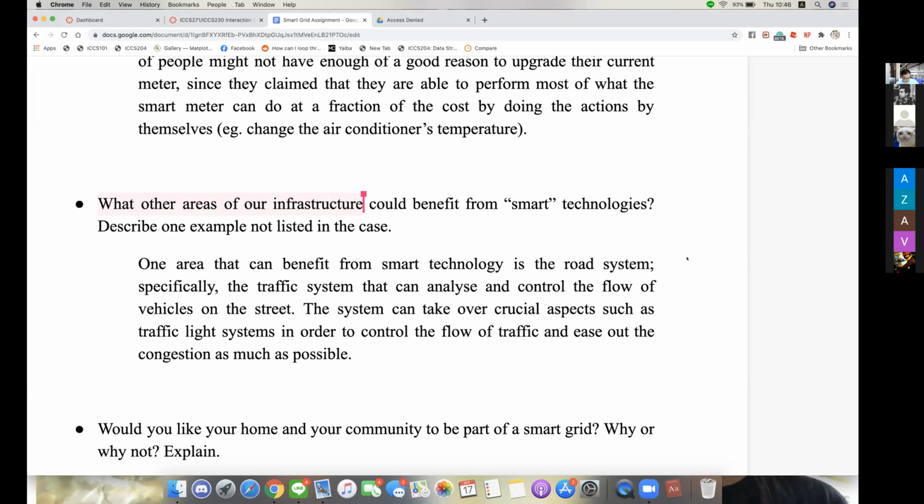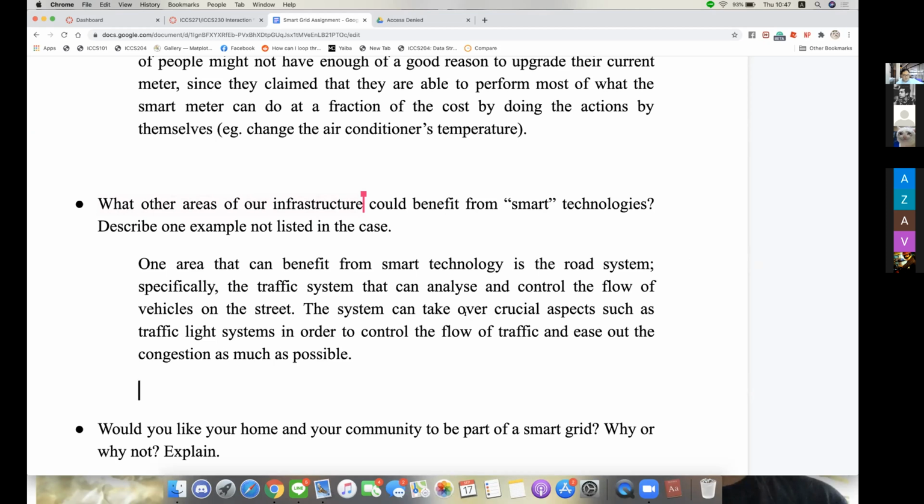In our team, we think one area that can benefit from smart technology is the congestion system. The traffic system can be analyzed and control the flow of vehicles on the street. We imagine if we know where we are going to go, how much traffic we are going to face, and how to avoid that congestion.